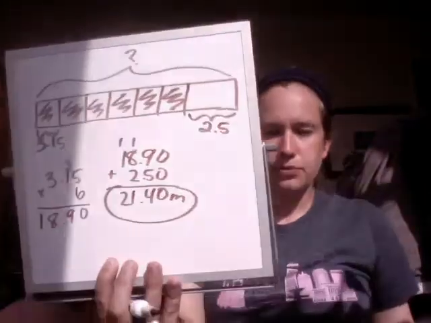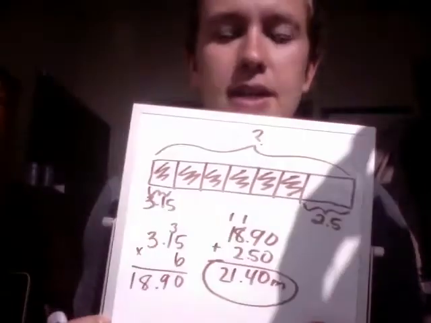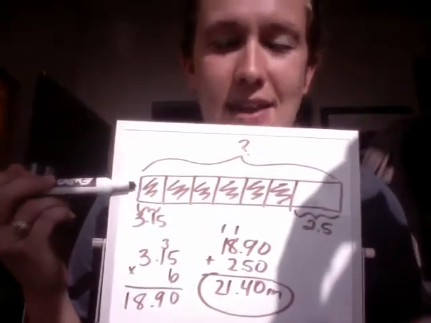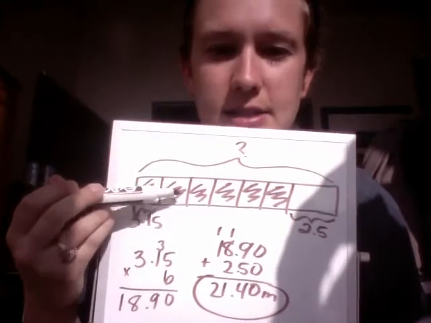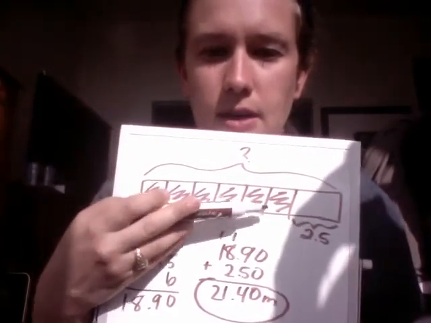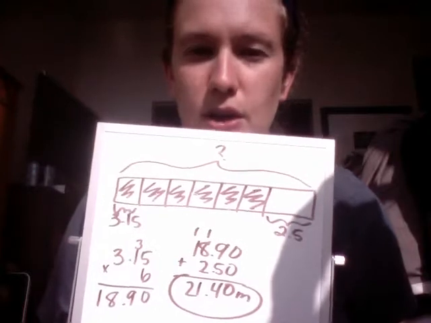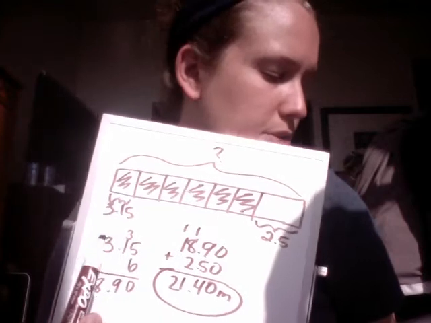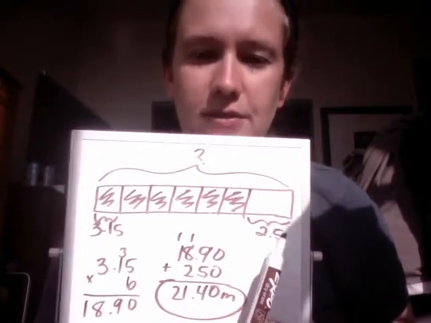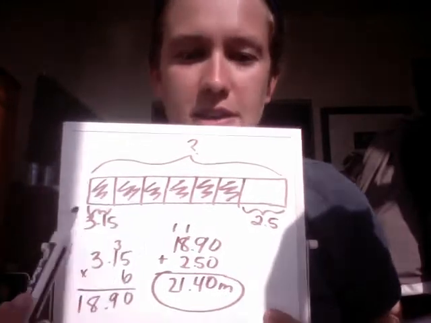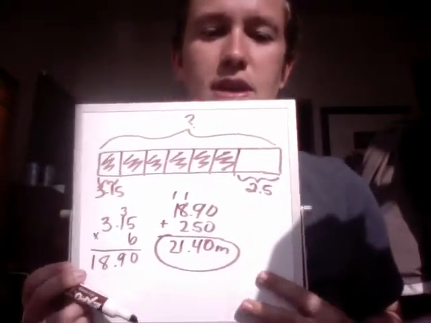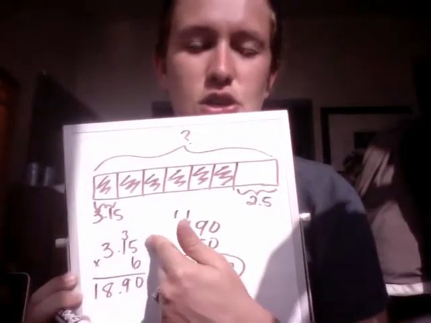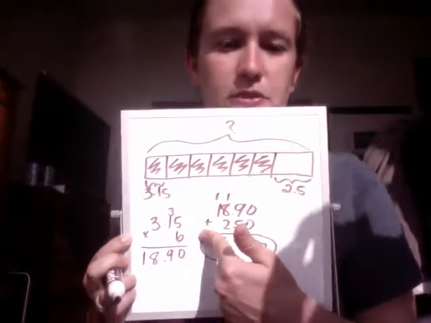So here, we had the parts, we needed the whole. So I divided up my bar into 7 pieces because I know she used 6 of them to make curtains, and each one of those curtains was 3.15 meters. And then I know she had 2.5 left over. So I had all this information, I just need to find the whole. So then what I did is I multiplied 3.15, so how much it took to make one curtain, by 6, the total number of curtains.